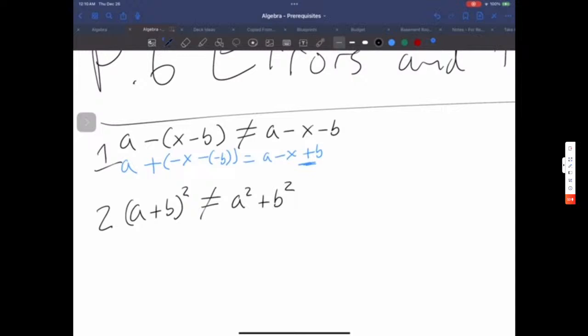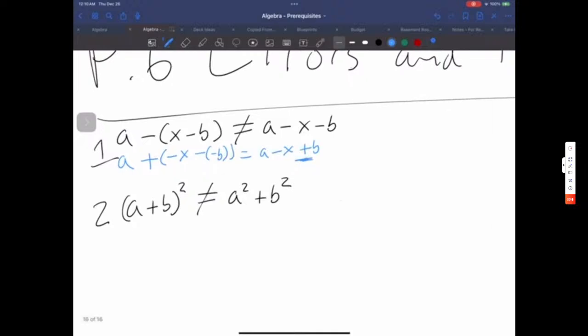So if we FOIL it out, we have a plus b times a plus b, and you get a squared and you get b squared. Those are absolutely part of it.